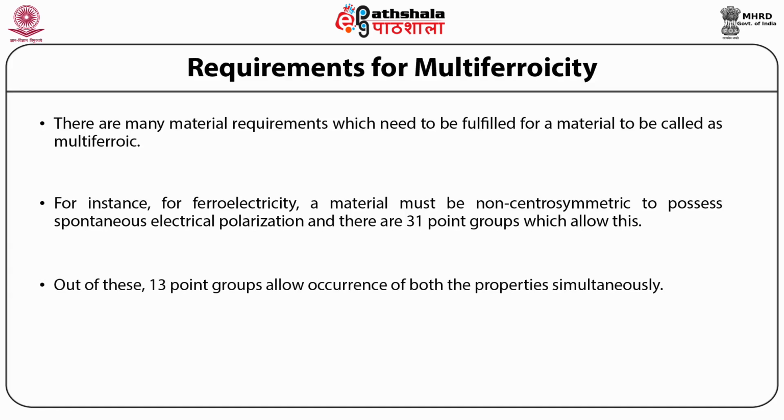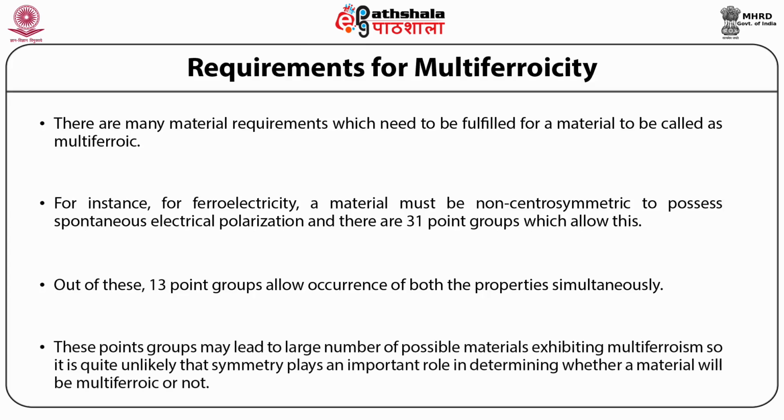Out of these, 13 point groups allow the occurrence of both properties simultaneously. These point groups may lead to a large number of possible materials exhibiting multiferroism, so it is quite unlikely that symmetry plays an important role in determining whether a material will be multiferroic or not.